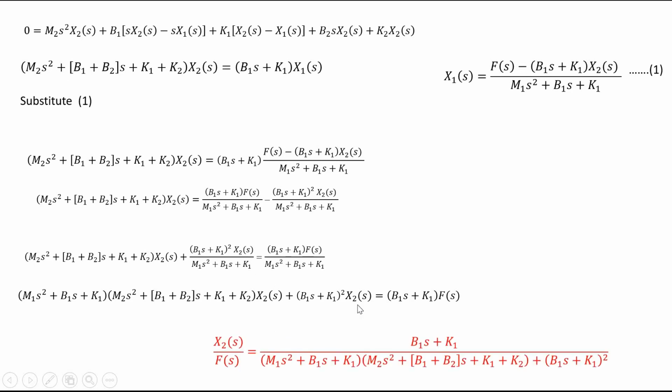Then we can write x2 of s by f of s as b1 s plus k1 over m1 s square plus b1 s plus k1 into m2 s square plus b1 plus b2 s plus k1 plus k2, plus b1 s plus k1 whole square. So by this we can find the transfer function.